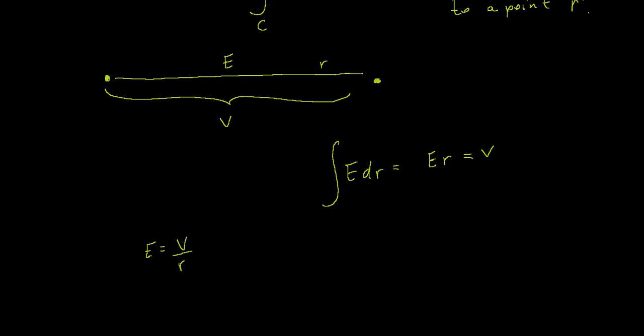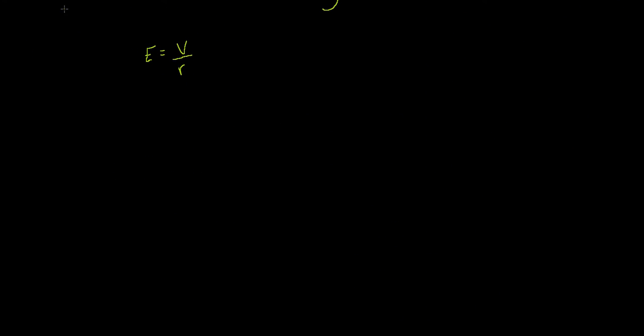So let's just rewrite this. We know that J is equal to I divided by A, and we also know that this is equal to sigma times the electric field, and we know from all this that this is equal to sigma times the voltage divided by R. So from this we want to derive Ohm's law.